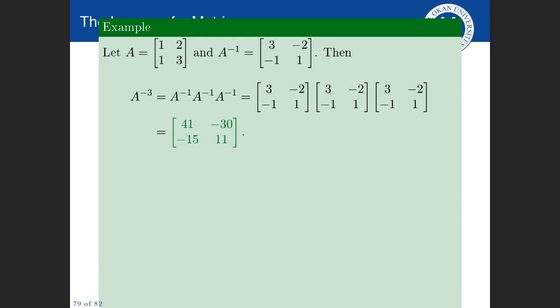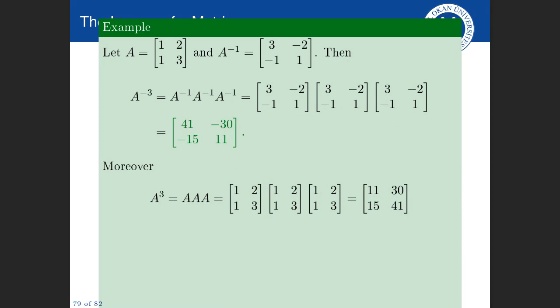Now, I'm not doing the details here. I'm not showing this exact multiplication. I'm leaving that for you to do. Check that if we multiply these 3 matrices together, we do get this green matrix. Also check that if we do A to the power 3, A multiplied by A multiplied by A, we get this one.